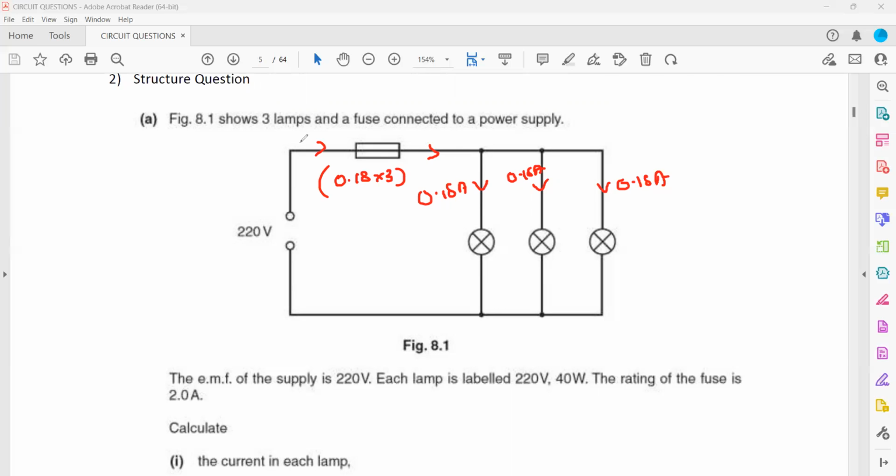It means 0.54 ampere is the current which entered the circuit from the supply, and 0.18 flows through the first lamp, 0.18 to the second, and 0.18 to the third. So the total current through the fuse or from the supply is 0.54 ampere.